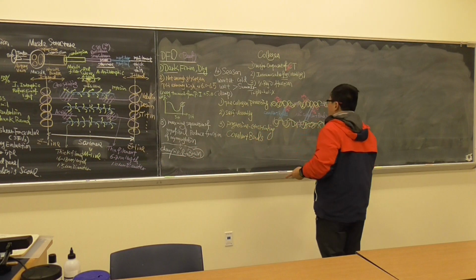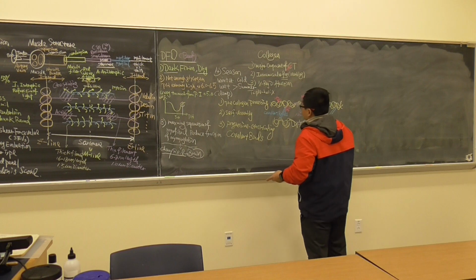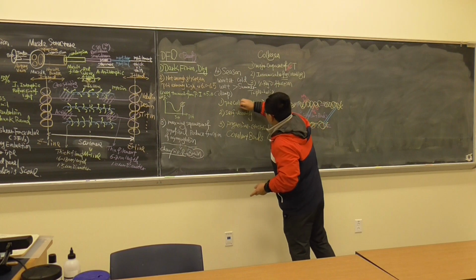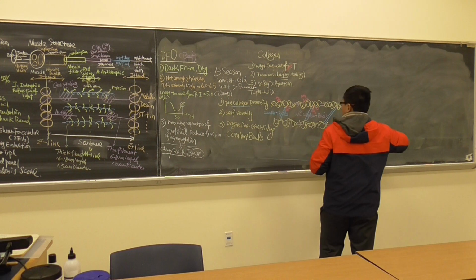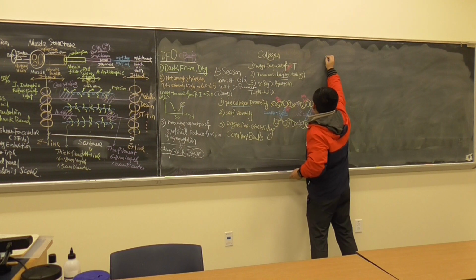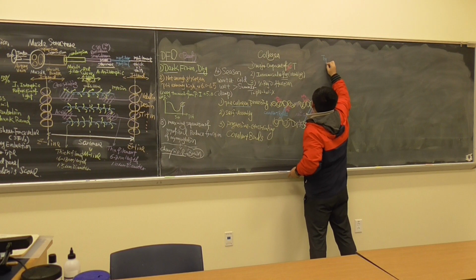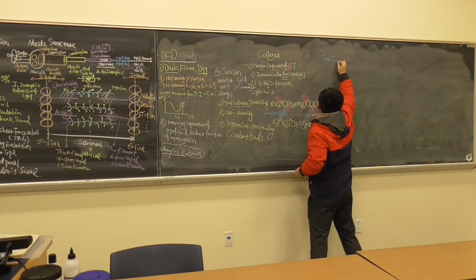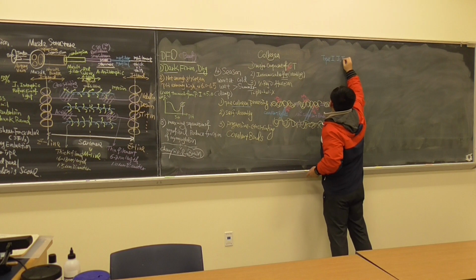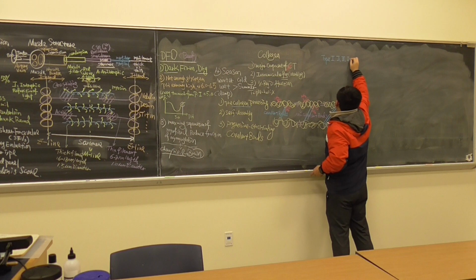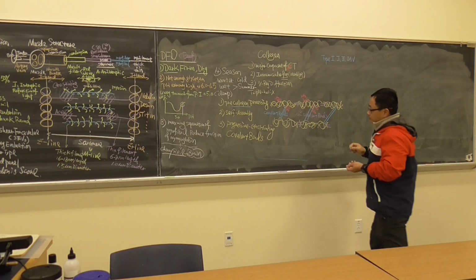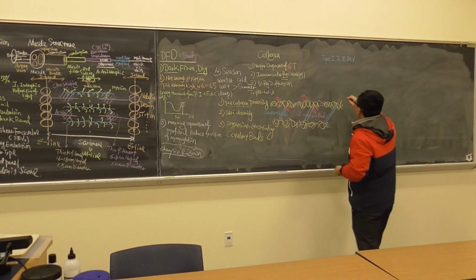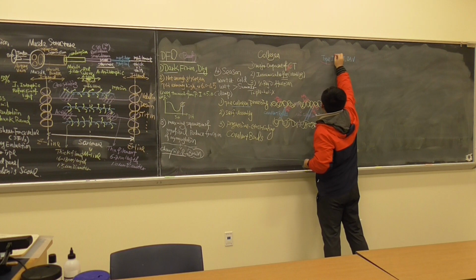Now, when we talk about collagen, there are lots of different types, including type 1, 2, 3, 4, and 5. But in this muscle structure, basically it is type 1.